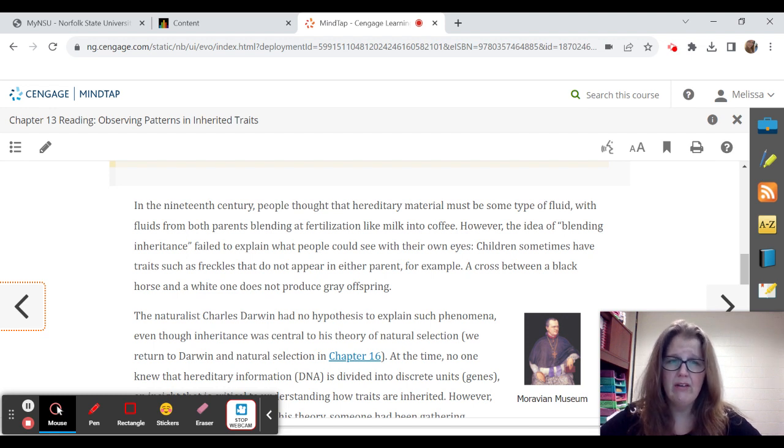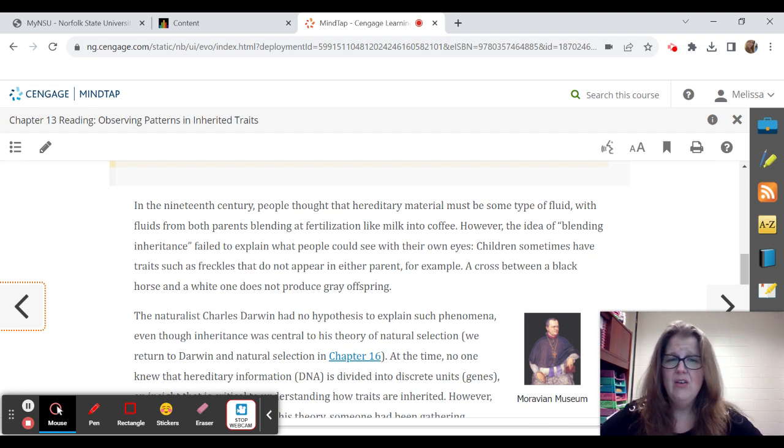and transmitting genetic information. And at this time, people thought that the fluids, really is what they said, from both parents blended to give rise to the next generation, the children. So you have two parents, and their children would be a blend of the two of them.